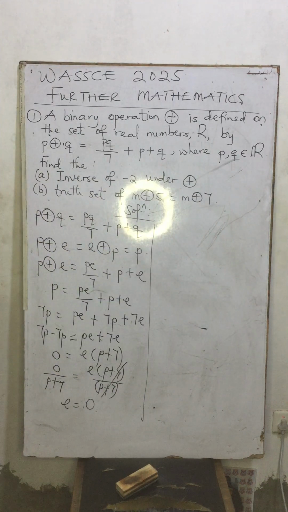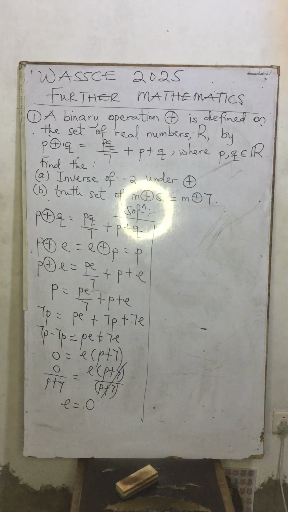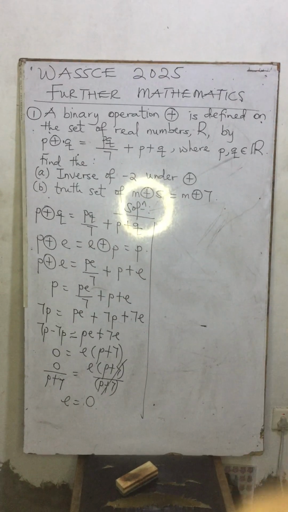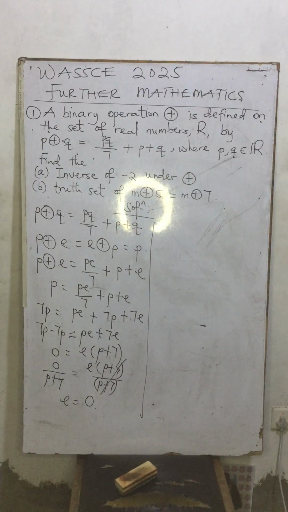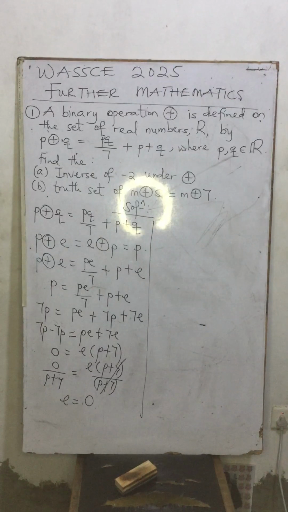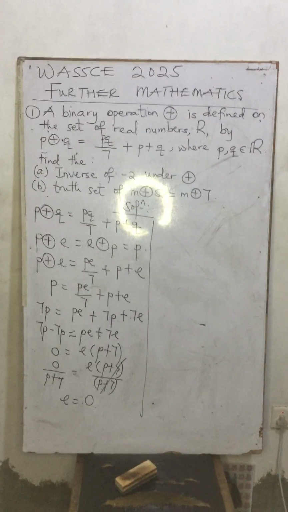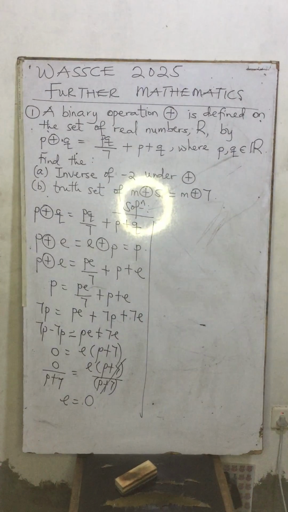So that's the identity element under the given operation. We can further proceed to find the inverse element.